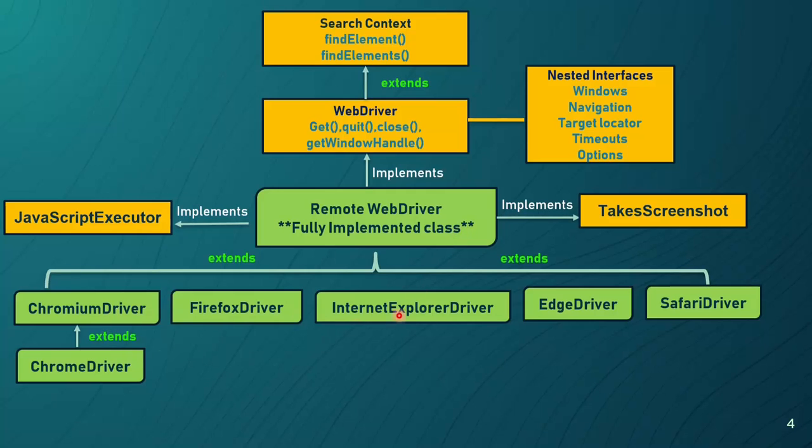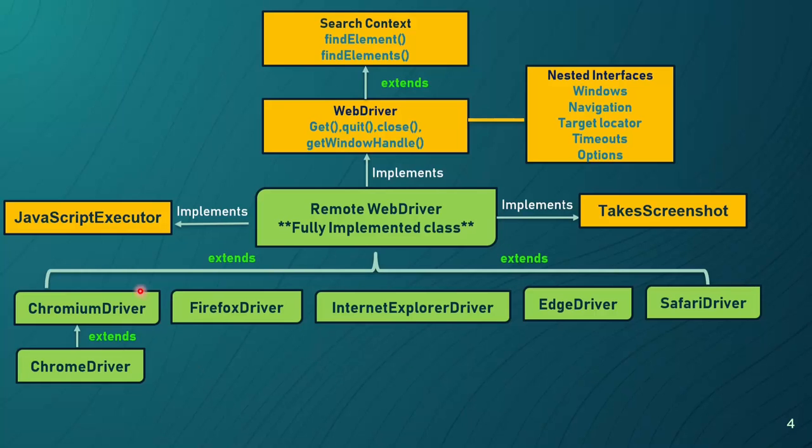Now here you can see these classes. These classes are the browsers that Selenium supports. Selenium supports many browsers, right? The Firefox browser, the Internet Explorer browser, the Edge browser, the Safari browser. So the remote WebDriver extends these classes. Now there are various versions of Selenium, as I told in the previous tutorial.